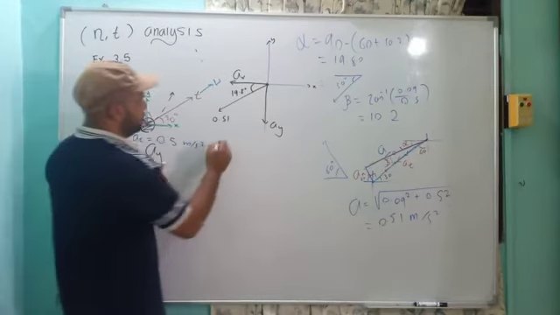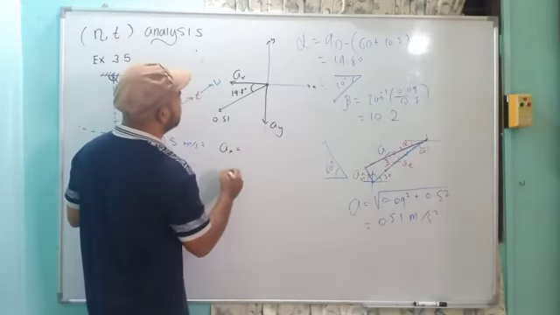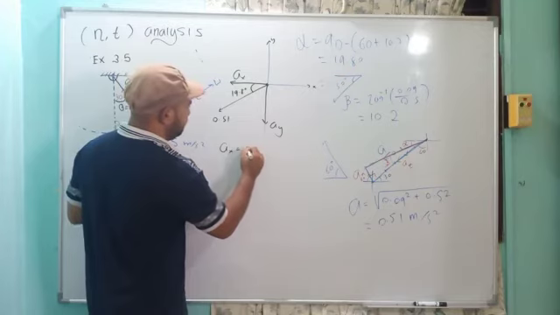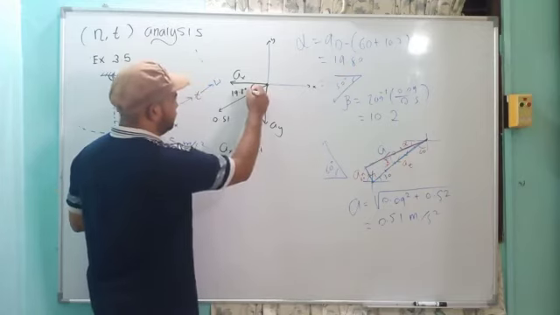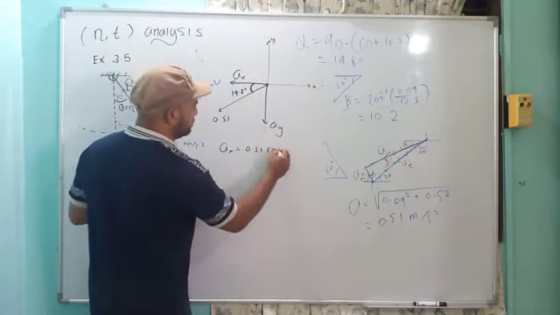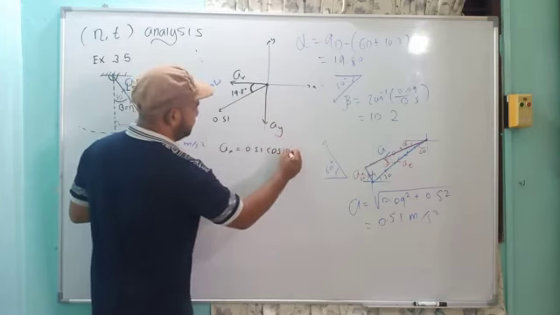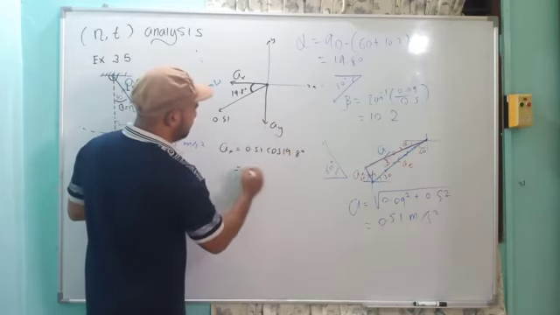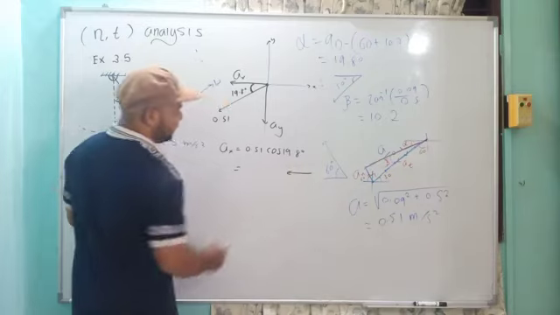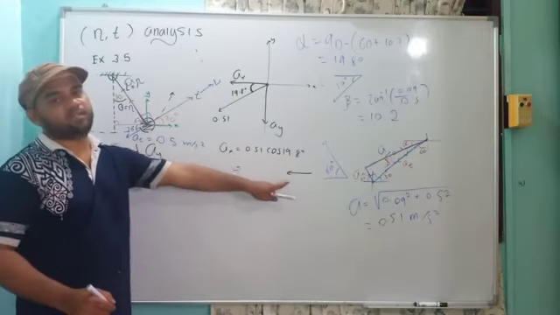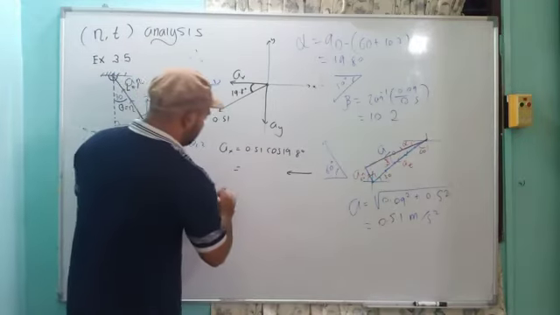That's all. AX equals 0.51 cos 19.8 degree, in this direction. I'm not putting the negative because I directly put the direction.